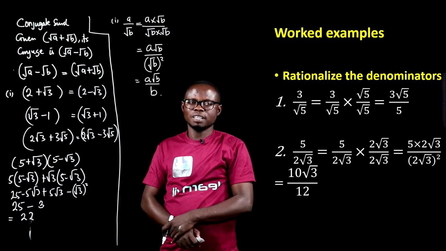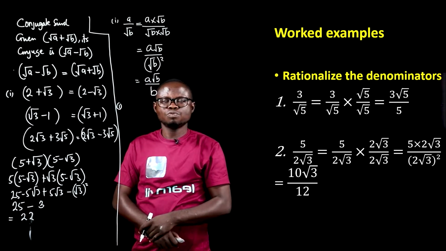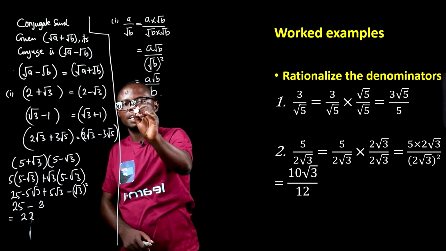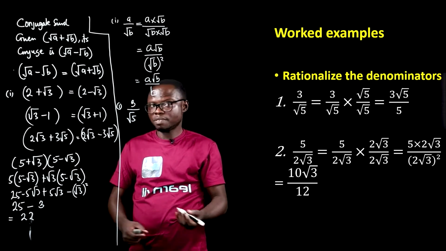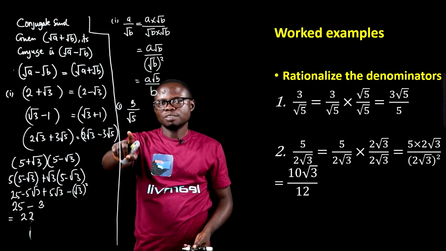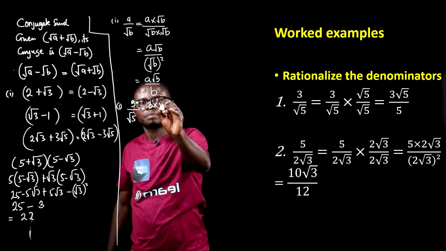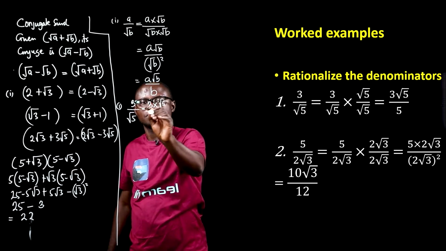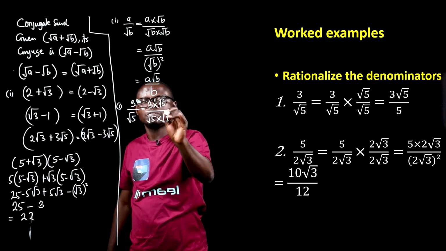Let's take a typical example. We want to rationalize 3 over root 5. It's very simple. Our focus is on the denominator. It's a surd, root 5. So we're going to multiply the numerator and the denominator by root 5.